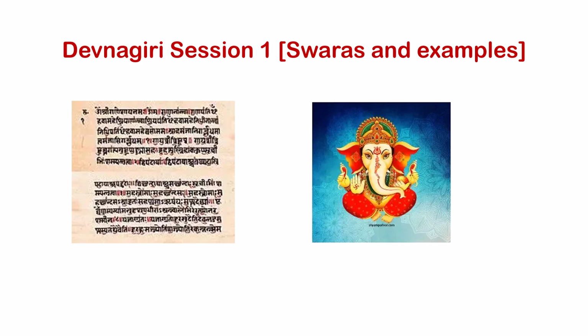The Devnagiri script revolves around these letters only. Now from this point onwards we will stop saying letters, we will start saying aksharas. Akshara means that which cannot or will never be destroyed. So aksharas meaning letters in Sanskrit.